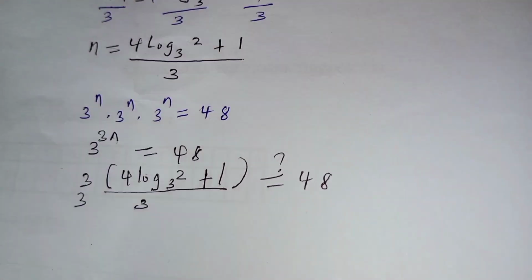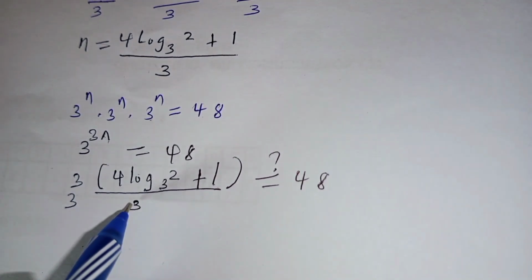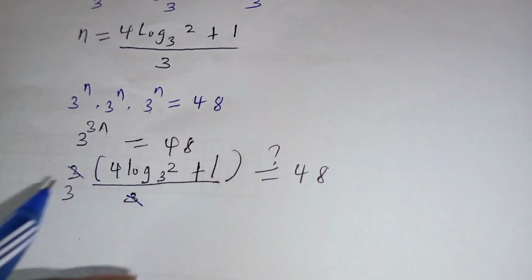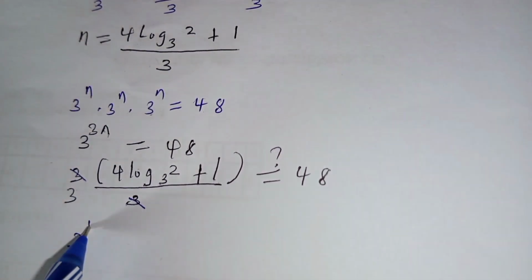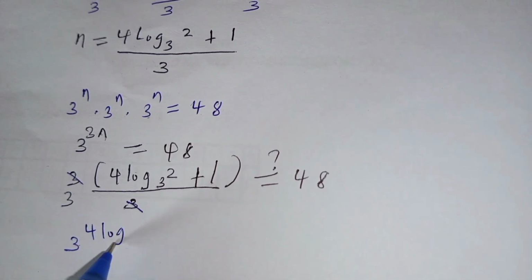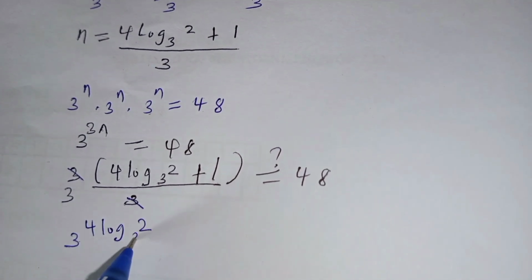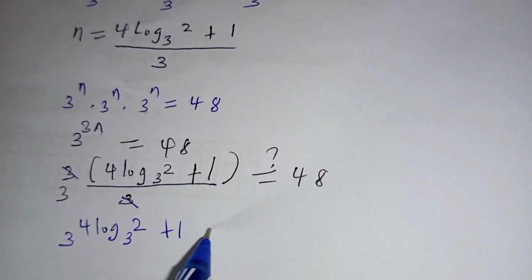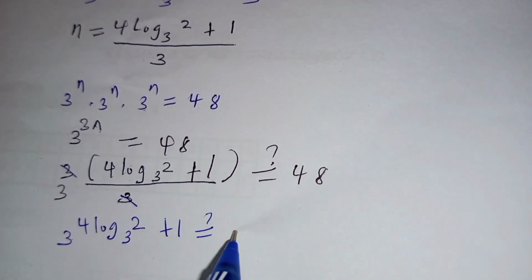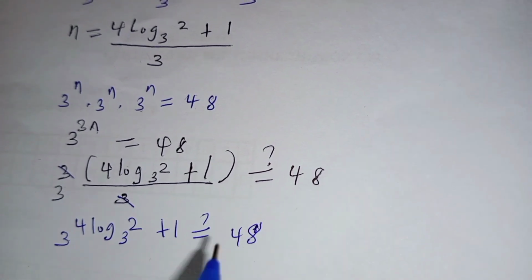So the denominator is common, it cancels out, so that we are left with 3 to the power of 4 log of 2 to base 3 plus 1. We want to see whether it is equal to 48.